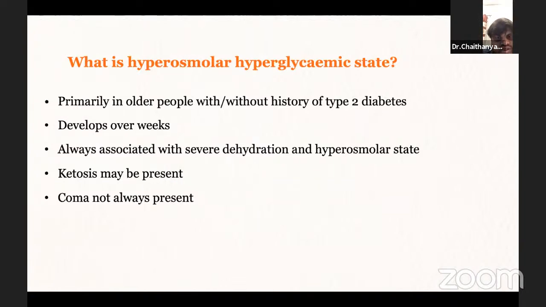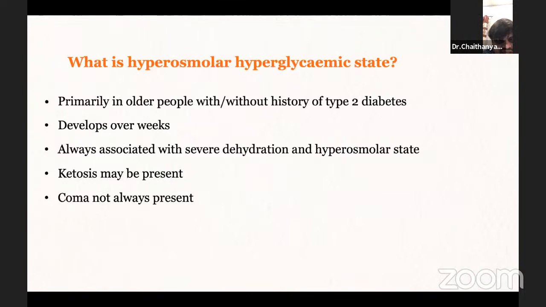Even though HHS looks like DKA, in HHS the sugars can be as high as in DKA, but you will not have ketone bodies like DKA, and you will not have acidosis like DKA, because there is some residual insulin left in the body. But in HHS, the osmolality will go up, not like DKA.